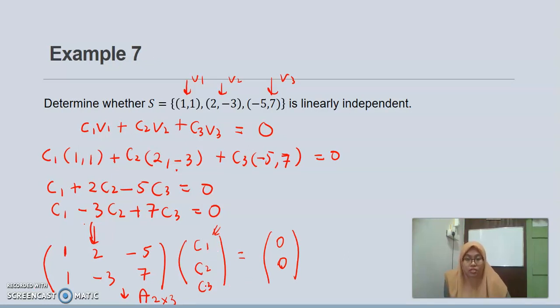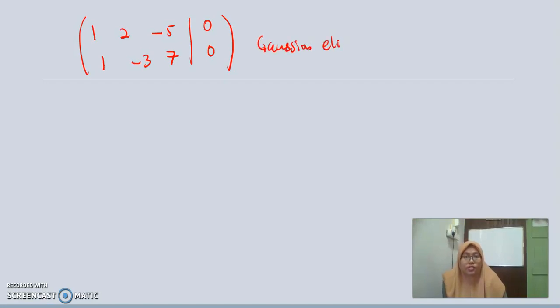To solve this using Gaussian elimination, the next step is to transform this matrix form into an augmented matrix, and you will get something like this. Now solve this using the Gaussian elimination method. I want to make this element become 0. So this is row number 1, row number 2.